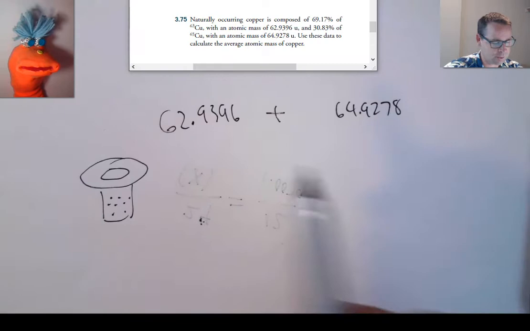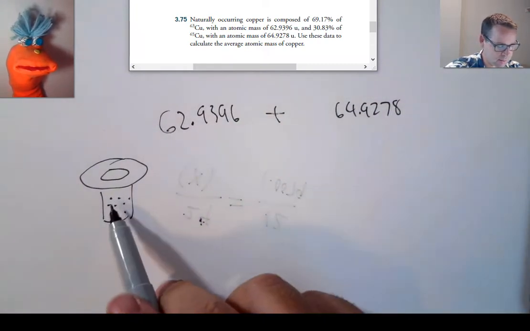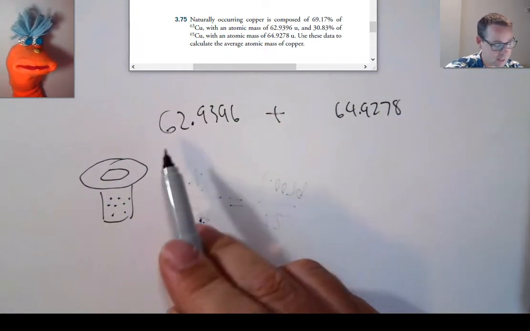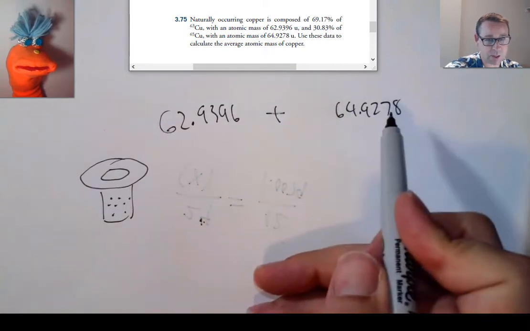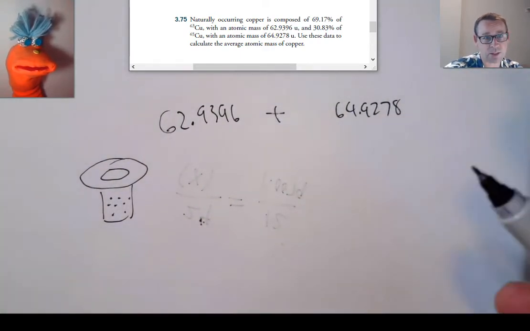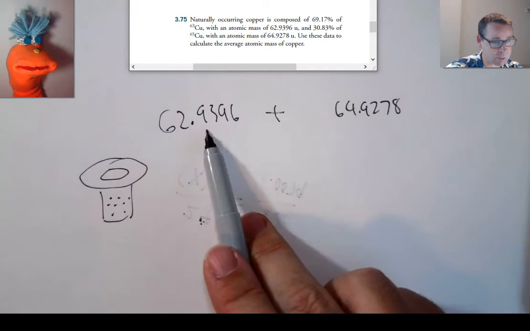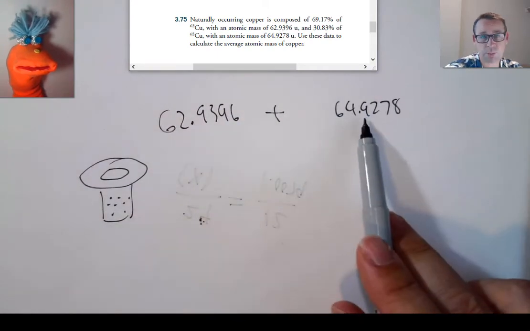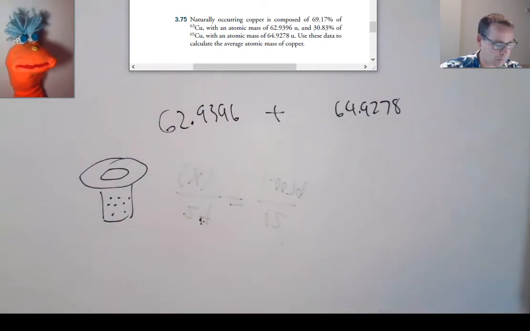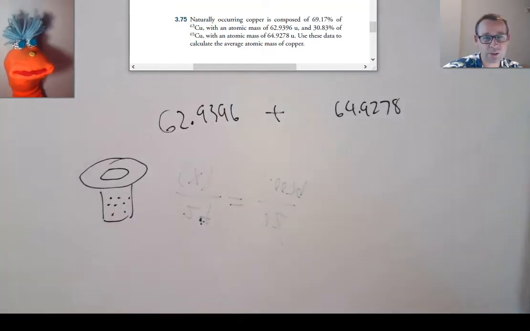And we could do that because these are the two masses that exist in here. Half of them aren't this and half of them aren't that, right? It's a different percentage. It says right there it's 69.17% this stuff, 30.83% that stuff. So if we were to pull this out, then gradually over time we would see 69.17% of the ones we pulled out had this mass, and 30.83 had that mass.